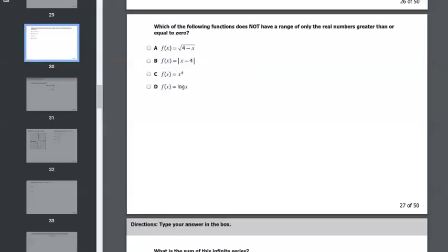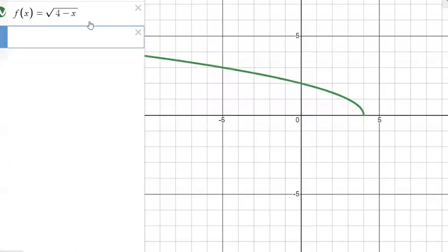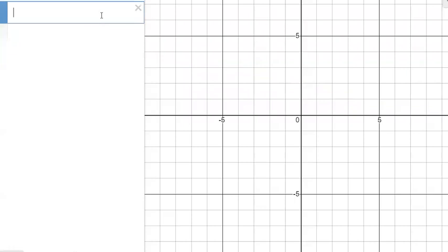Let's look at B. f of x equals the absolute value of x minus 4. So let's go ahead and graph that. f of x equals absolute value.